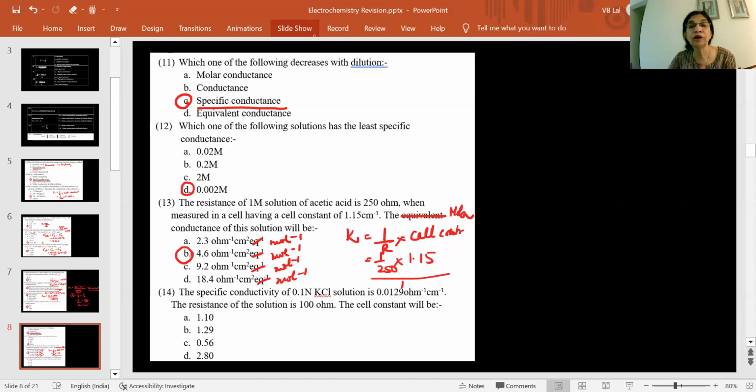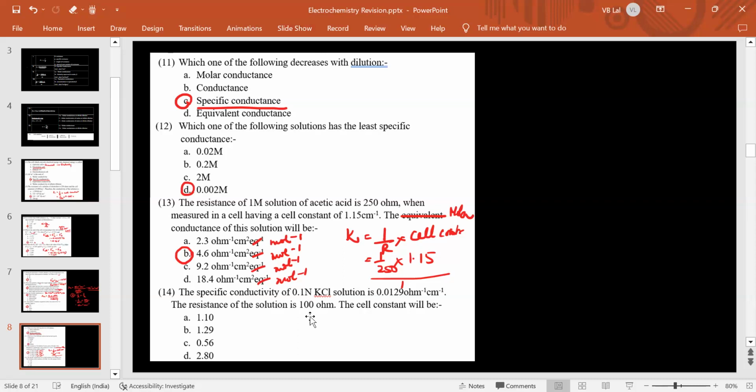Cell constant is 1.15. 4.6 is the correct answer. Let me just check. I think it is correct. So 1.15 divided by 250 into 1000.